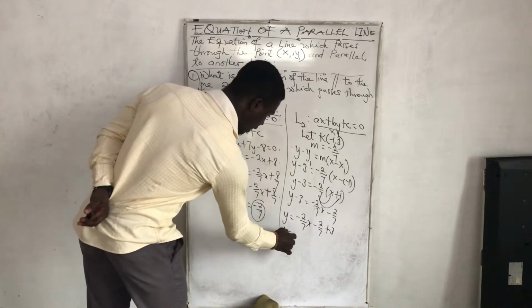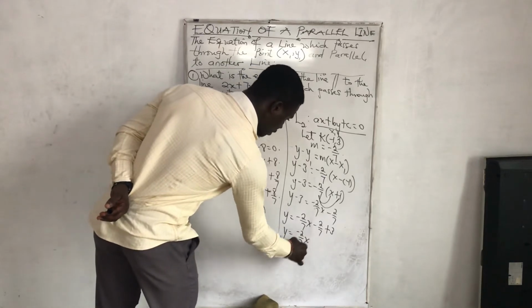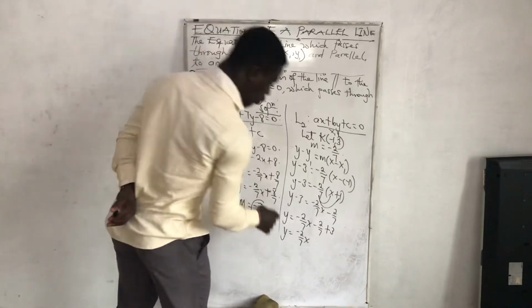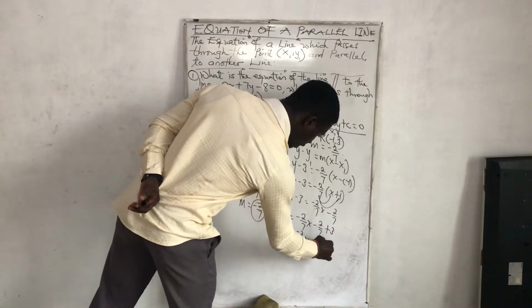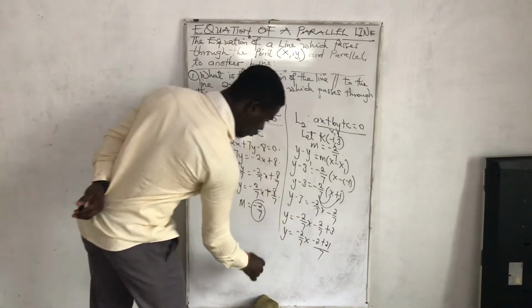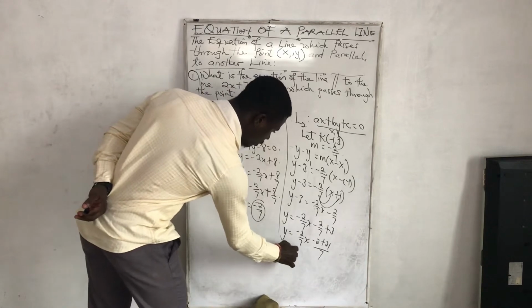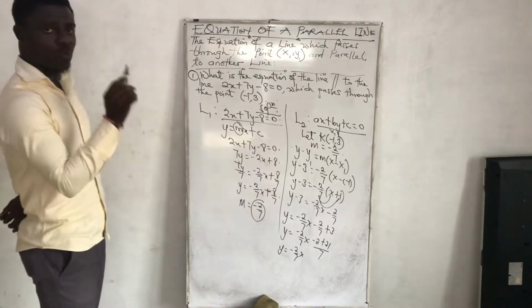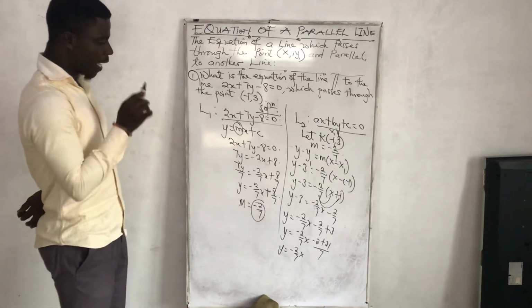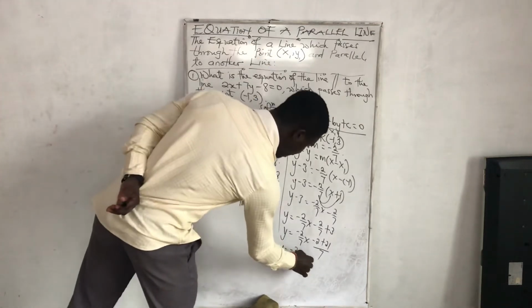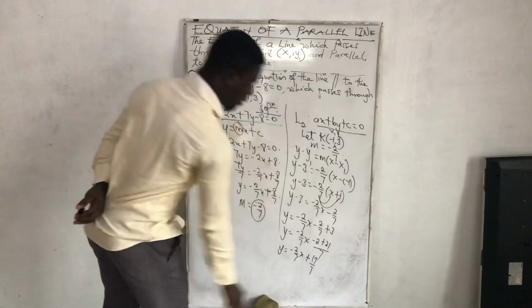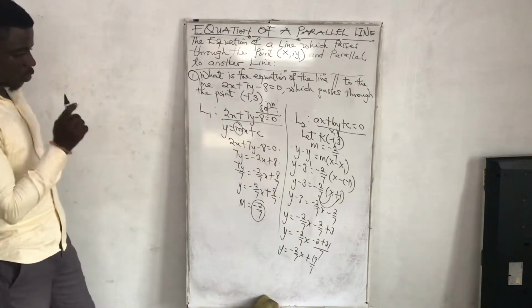Then 7 times 3 gives 21. So I get minus 2 plus 21 on 7, so y equals negative 2 on 7 x, then minus 2 plus 21, which is 19. So I get positive 19 on 7.